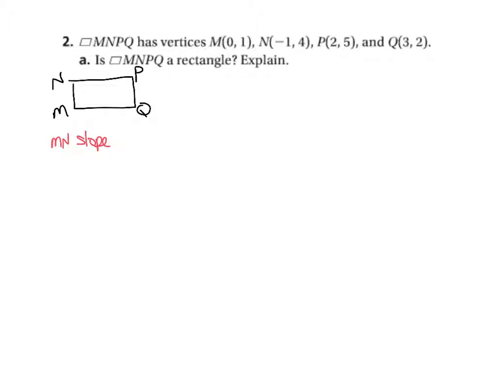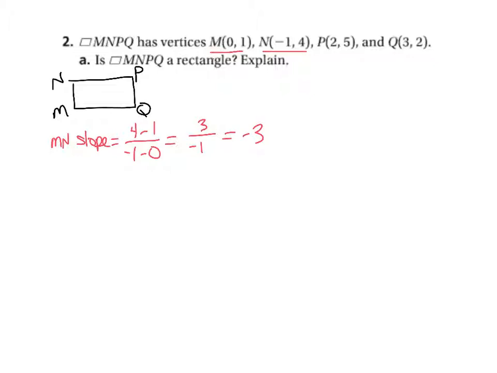I'm just going to peek up here, so I'm using M and N. So the slope formula, y minus y, so I'm going to start with the N. I'm going to go 4 minus 1 over, then I'm going to do x minus x, negative 1 minus 0. All right, that's a 3 over negative 1. I get a slope of negative 3.